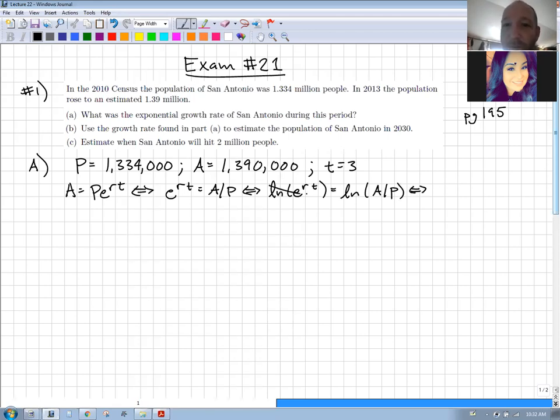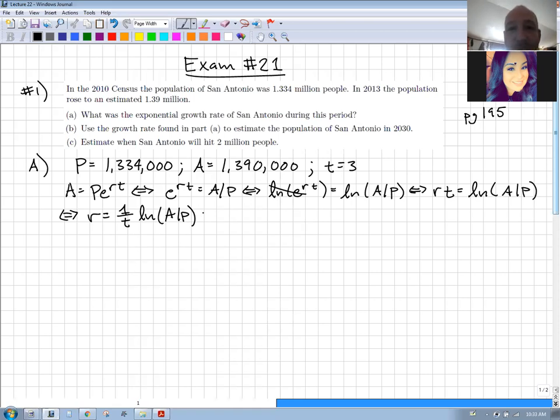The natural log and e to the RT undo one another. And now to get R, we just divide both sides by T. R is 1 over T, natural log of A over P. That's the formula we want right there.